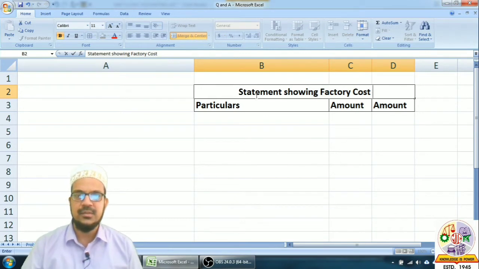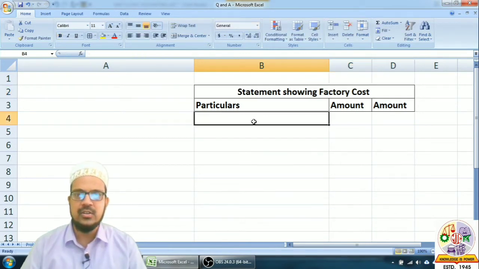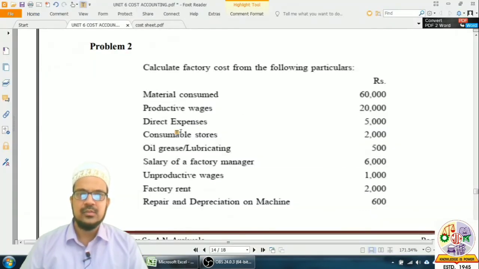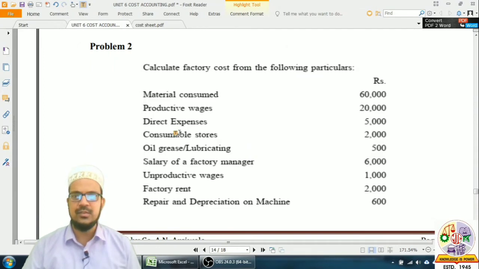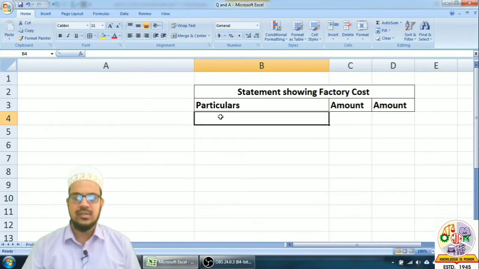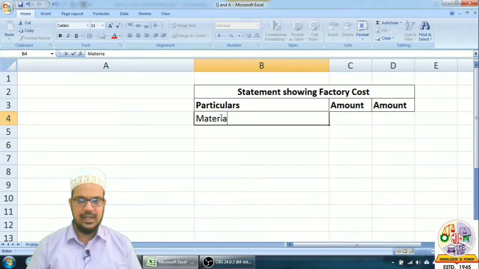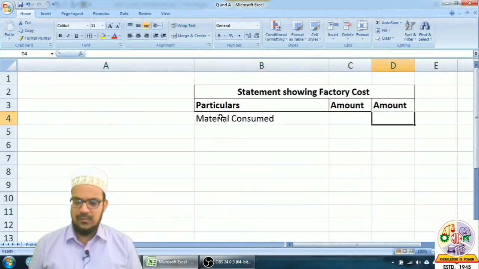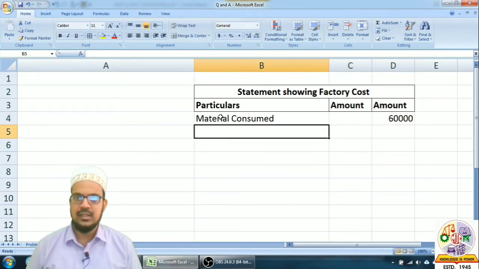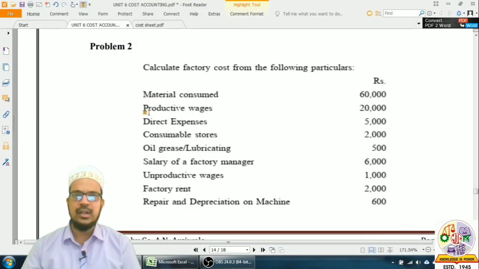Now one by one we will put the values here. First will be material consumed, that is 60,000. So I will write material consumed will be 60,000.